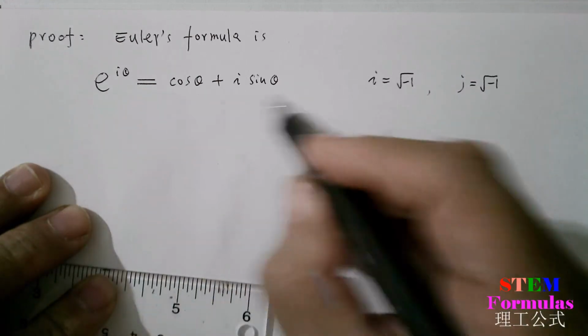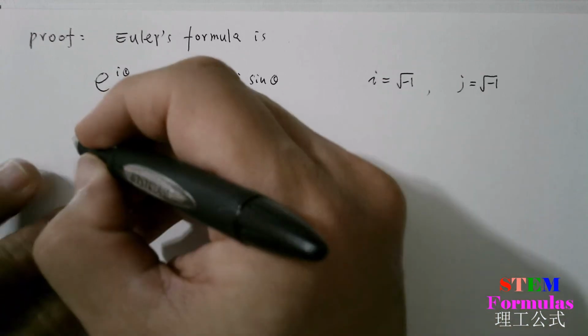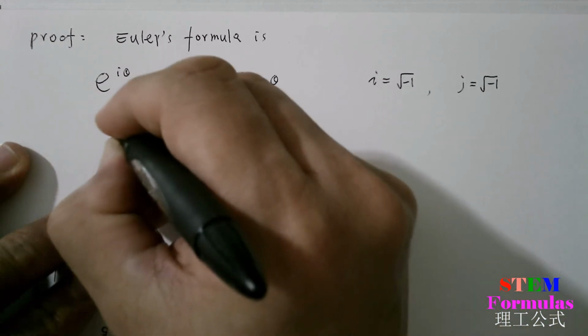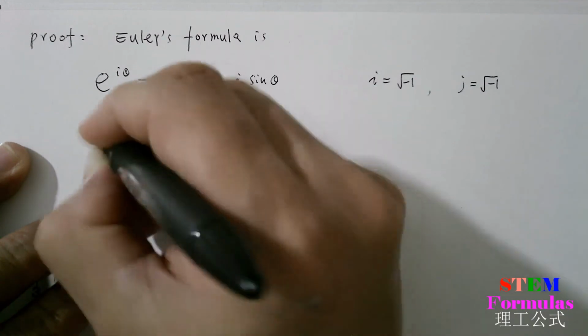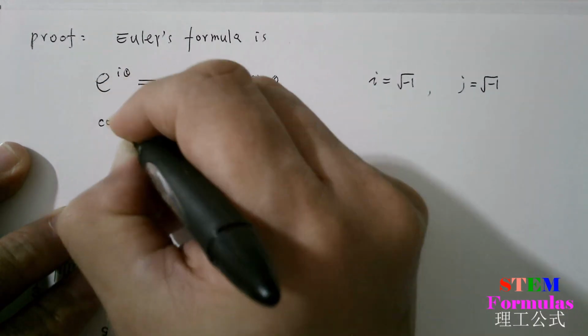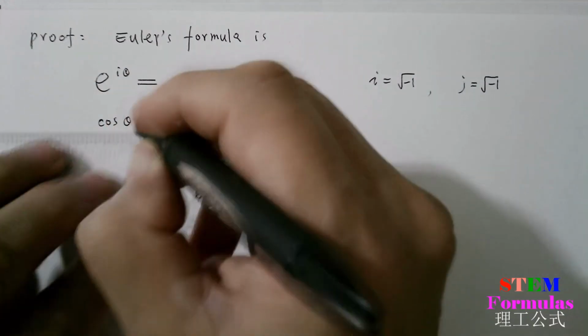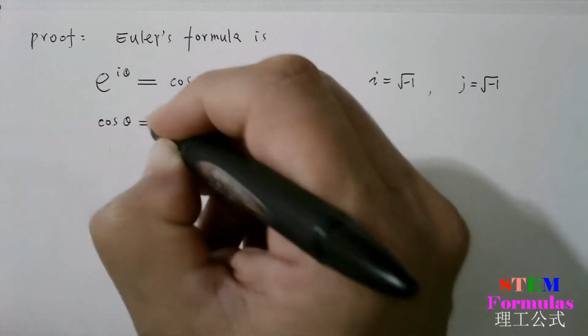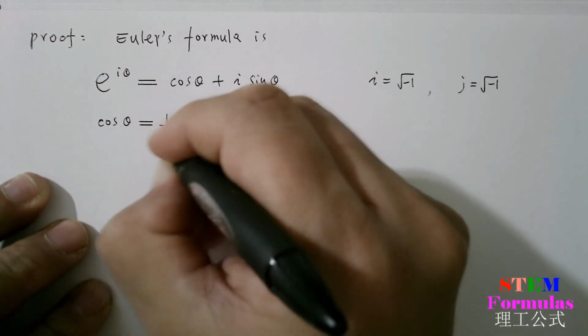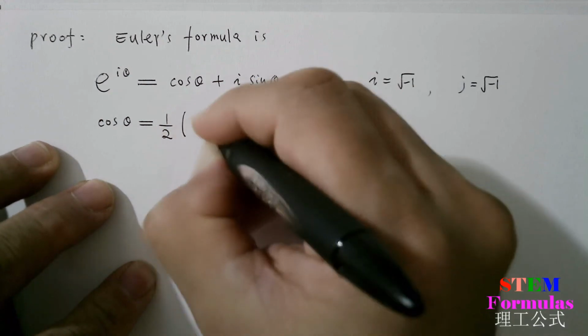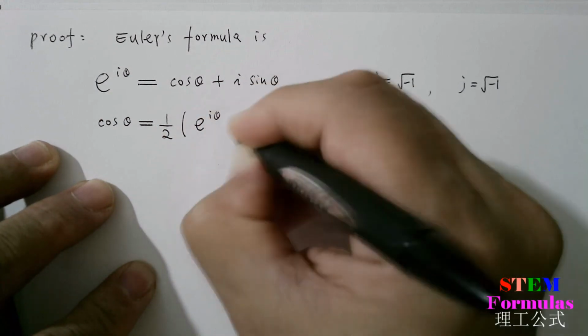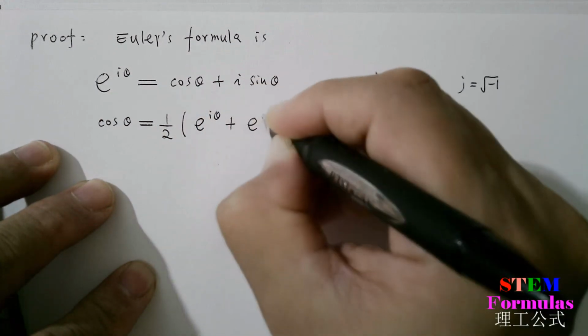Now, from this equation, we can get the following two equations. One is cosine theta equals half times (e to the I theta plus e to the minus I theta).